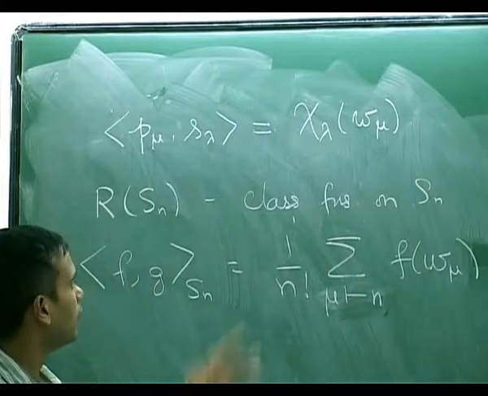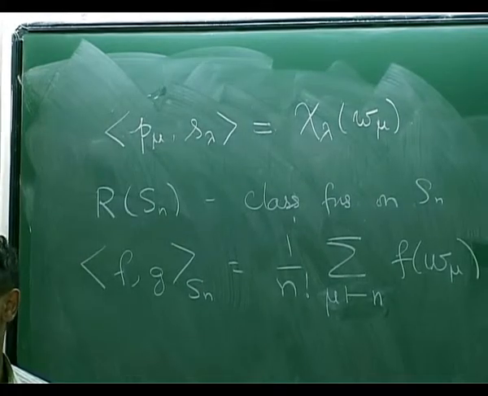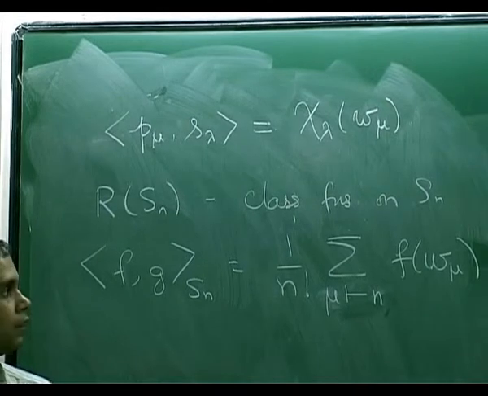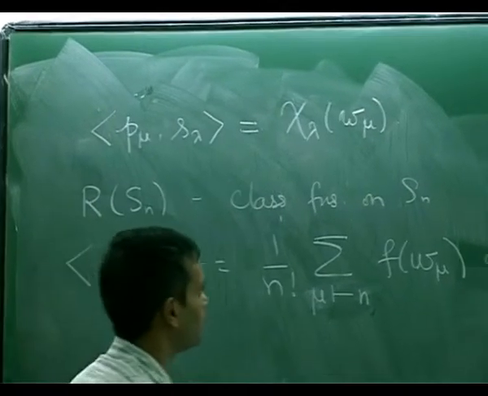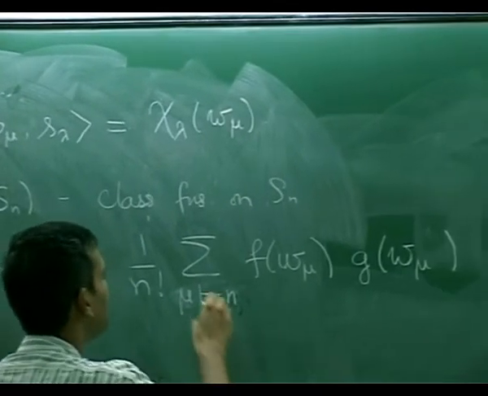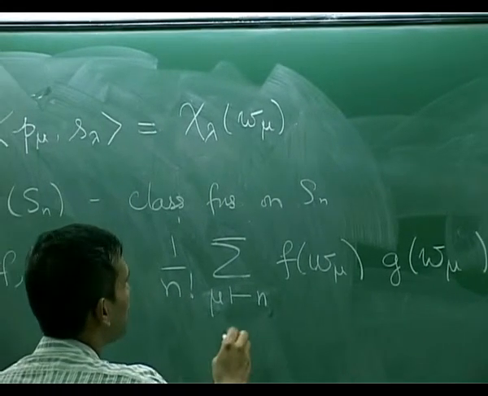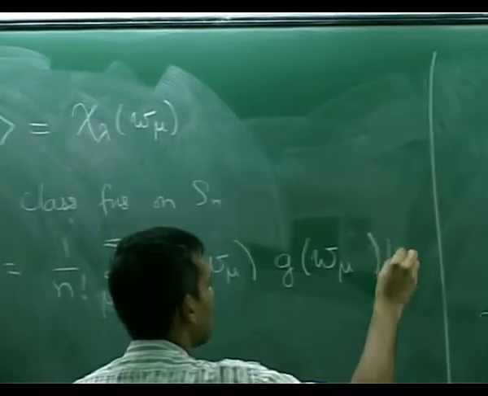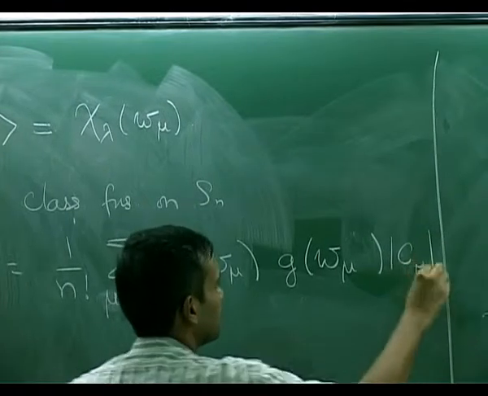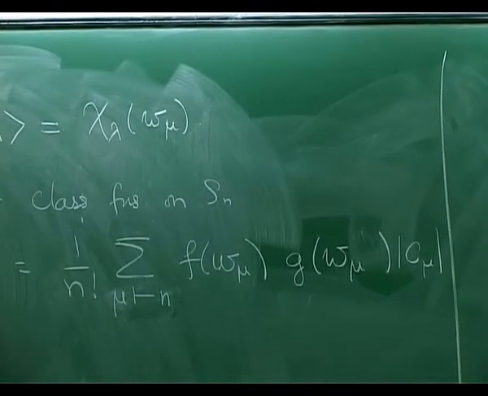Okay, so this is just that usual form. 1 over n factorial, I want to normalize it. Oh yeah, I need something else. You're right, I need to multiply here by the cardinality of the conjugacy class mu. Thanks.